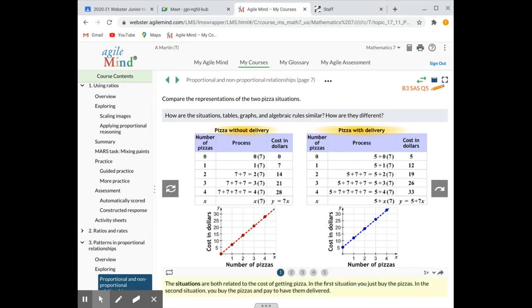All right, so read that for us, please, Roy Kia. Lane, you're muted. Roy Kia, will you read this for us, please, at the bottom?